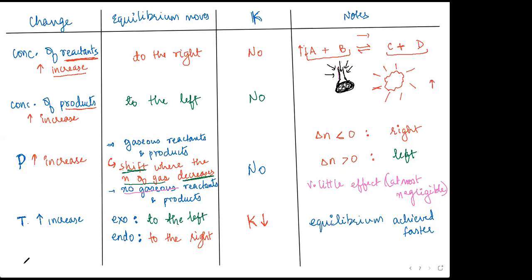Next, effect of a catalyst. If you add a catalyst, will it affect the equilibrium? Will the equilibrium shift in any direction? This is something we discussed yesterday. What will happen to the reaction on adding a catalyst?